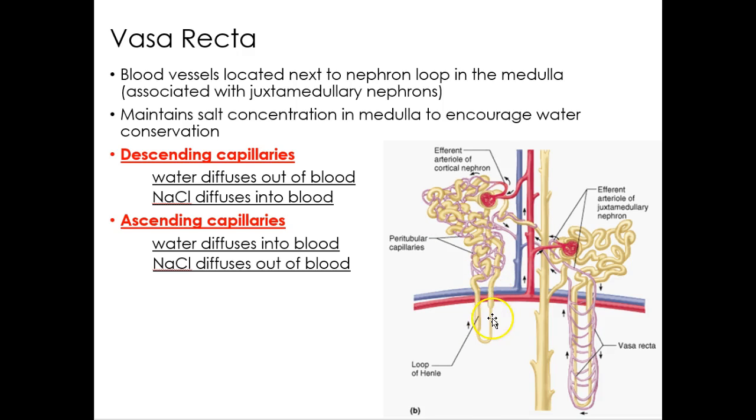Can you notice how this tube is thinner and this tube is thicker? Descending is for water diffusion, and ascending is for salts and things like that. I think I said that backwards, sorry about that.